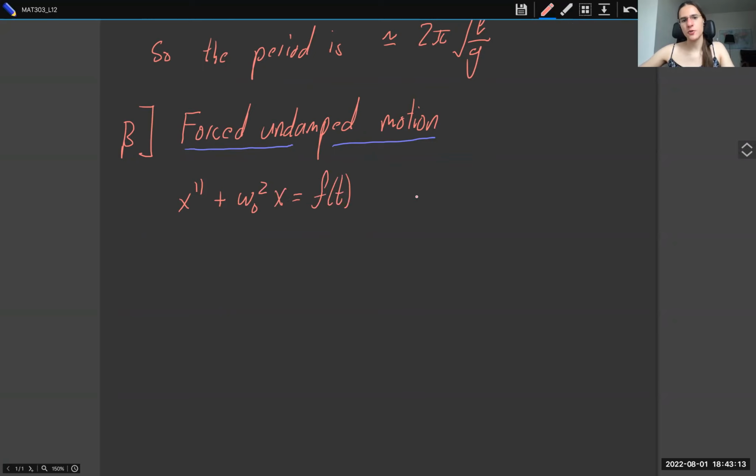And we are going to assume that we're going to study this in the case of f(t) is equal to F sine, then there's going to be some frequency here, which is going to be omega, which is potentially different from omega naught. Plus, and I'm going to call this beta.